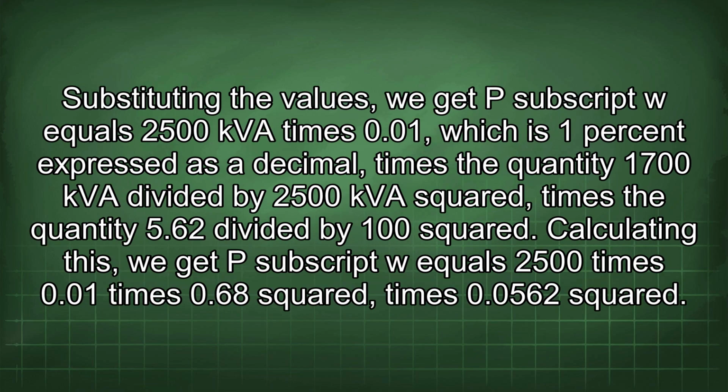Substituting the values, we get P subscript W equals 2500 kVA times 0.1, which is 1% expressed as a decimal, times the quantity 1700 kVA divided by 2500 kVA squared, times the quantity 5.62 divided by 100 squared. Calculating this, we get P subscript W equals 2500 times 0.1 times 0.68 squared, times 0.562 squared.